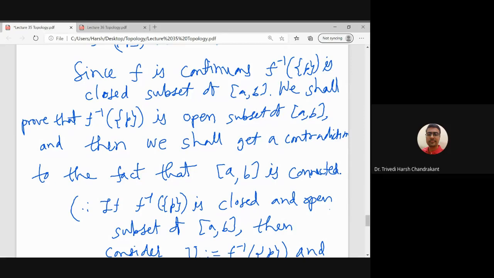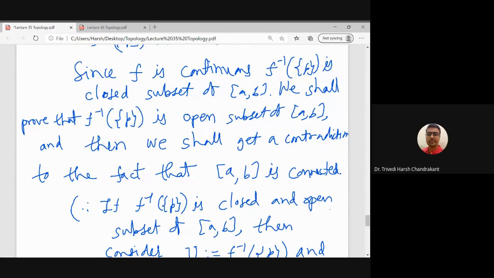If I have a subset U1 of any topological space X which is closed as well as open, then its complement we can take as U2. So this U1 and U2 will give a separation, right? That contradiction we will get if f inverse of singleton P is open.